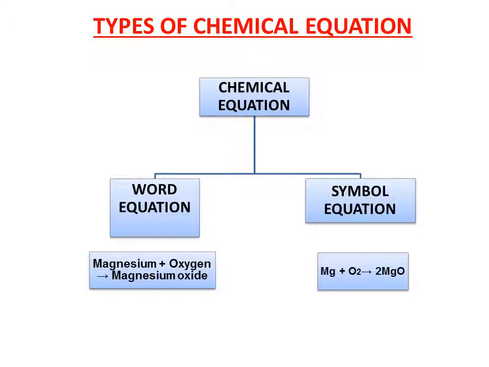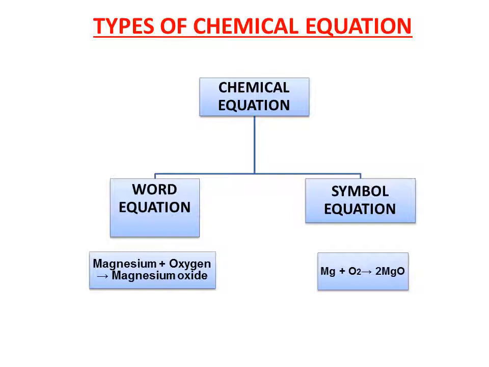Now what are the types of chemical equations? Chemical equations are of two types: word equation and symbol equation. As these terms are self-explanatory, a word equation means you are representing a chemical reaction by using words. For example, magnesium plus oxygen forms magnesium oxide.